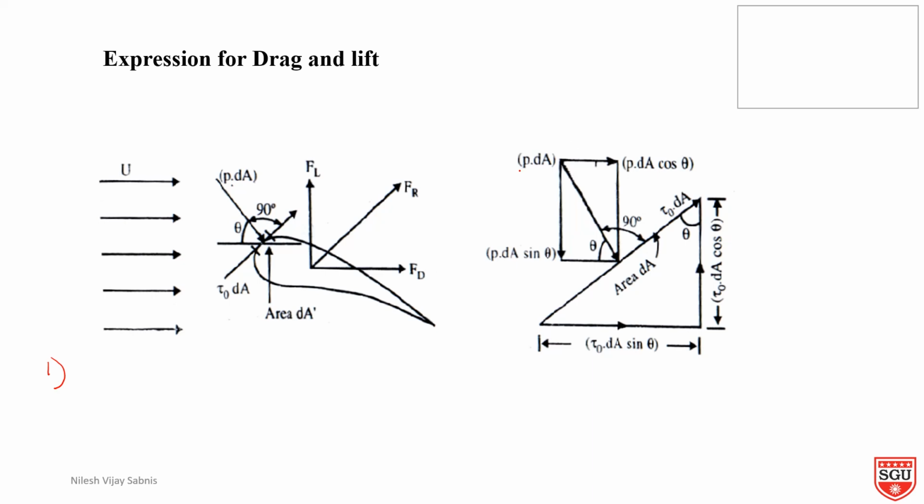Consider this diagram. PdA is the pressure force, and this pressure force has two components. One is in the direction of motion, another is in the direction perpendicular to the motion. Similarly, the shear force tau dA also has two components: one is tau dA cos theta, another is tau dA sin theta.